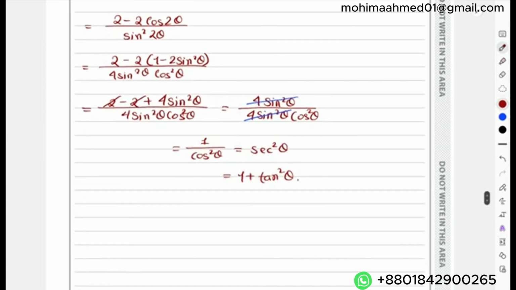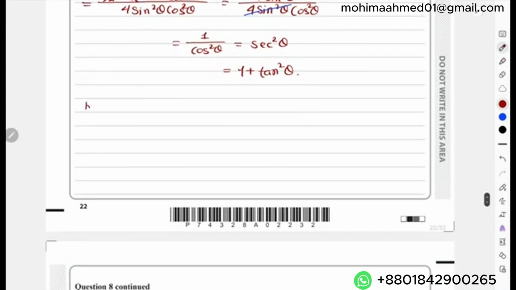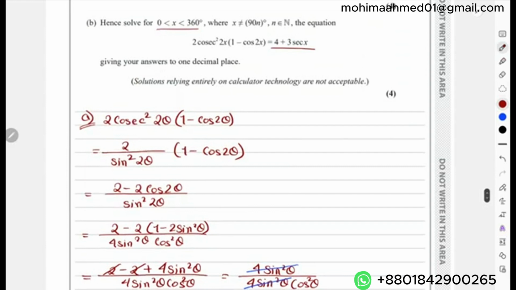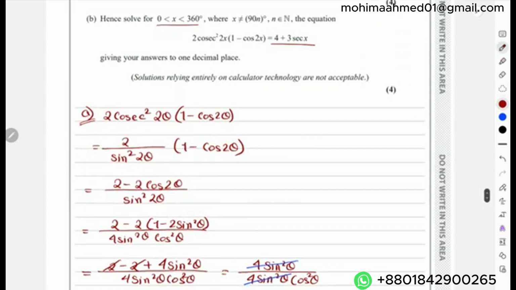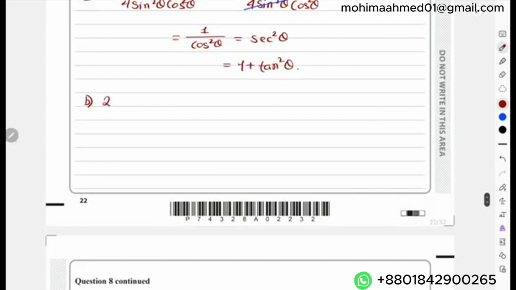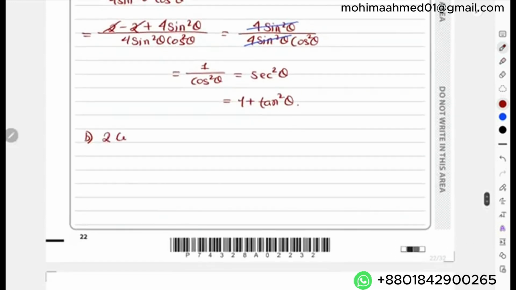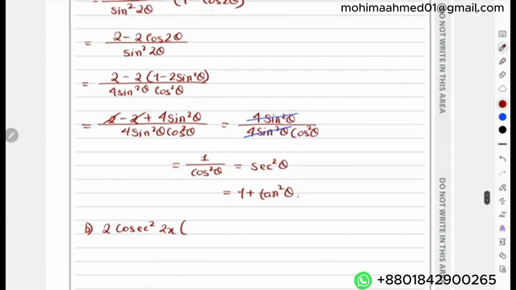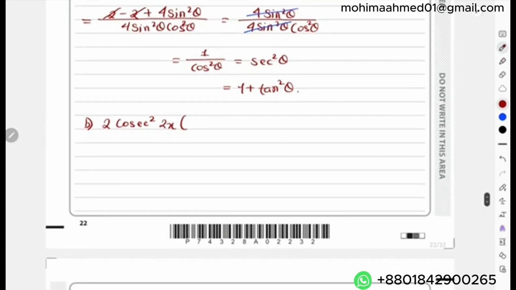Okay, so for part B, you have the equation 2 cosec squared 2x, 1 minus cos 2x, equals 4 plus 3 sec x.